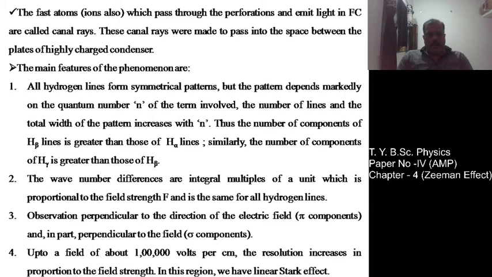The second one is that the wave number differences are integral multiples of a unit which is proportional to the field strength F and is the same for all hydrogen lines.